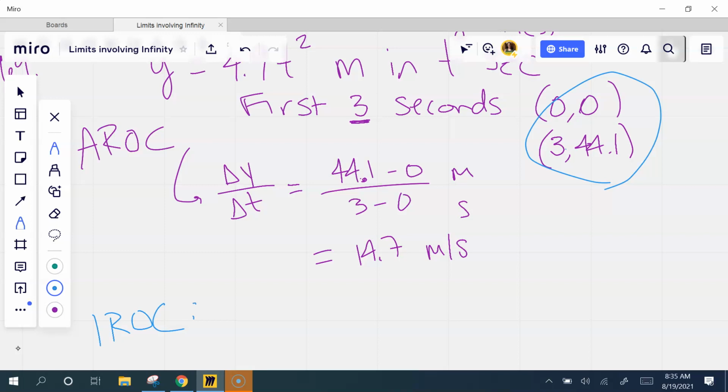But if I'm doing IROC, how far do I move over from the first point to the second point? 0, right? It's just showing you how we derive that it is the same formula, but you're averaging no change instead of some change. So that was going from AROC to IROC.